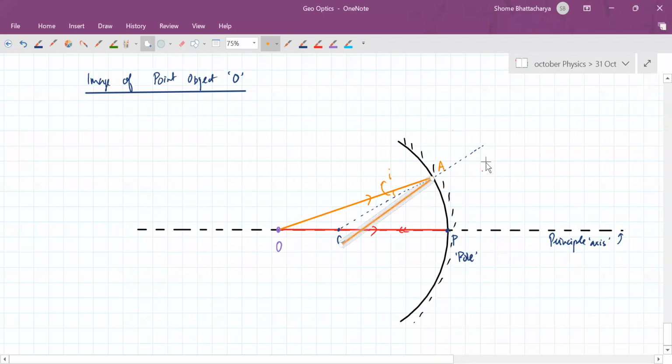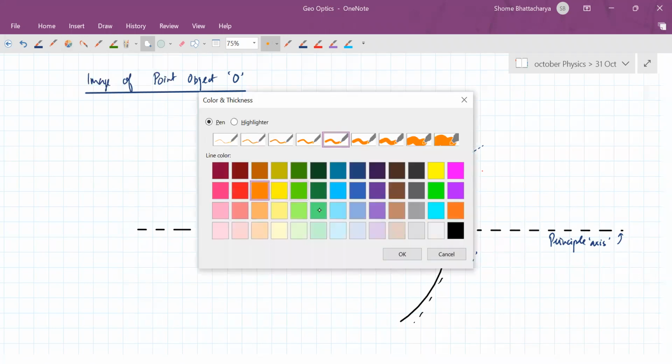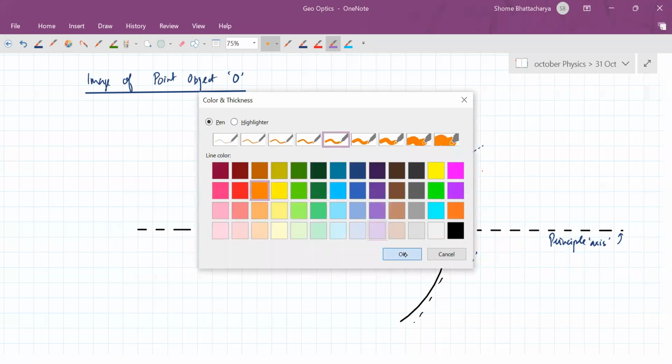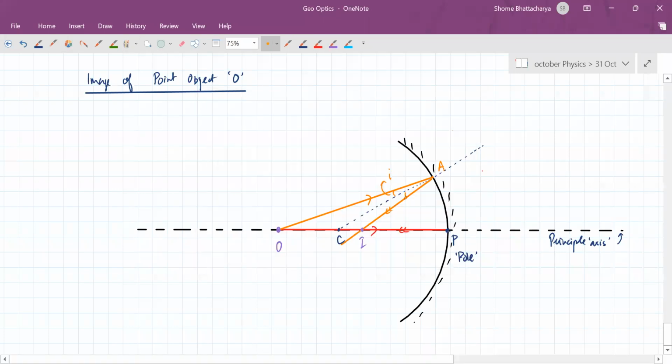Now, if we are able to show that all such reflected rays come back to the same point, then we can say that, okay, this point will become the point image of O. But we still have to prove that it's not just this particular one that meets the principal axis, but all reflected rays are going to intersect at a common point, then that will become the image of that point.